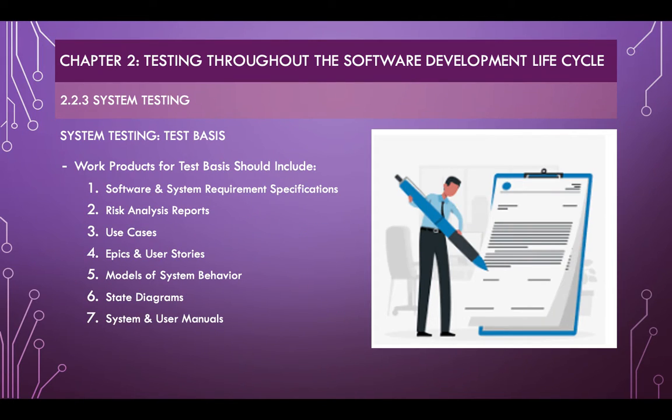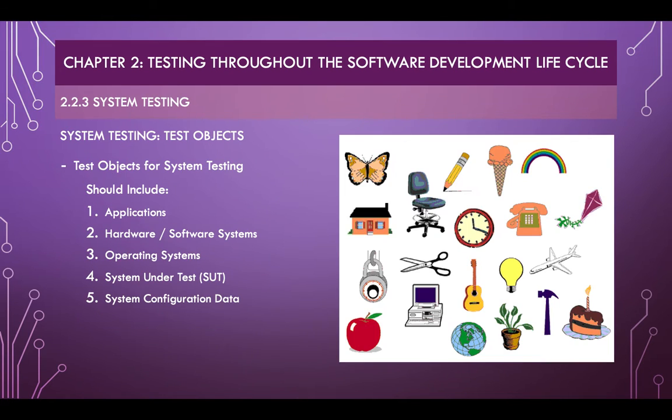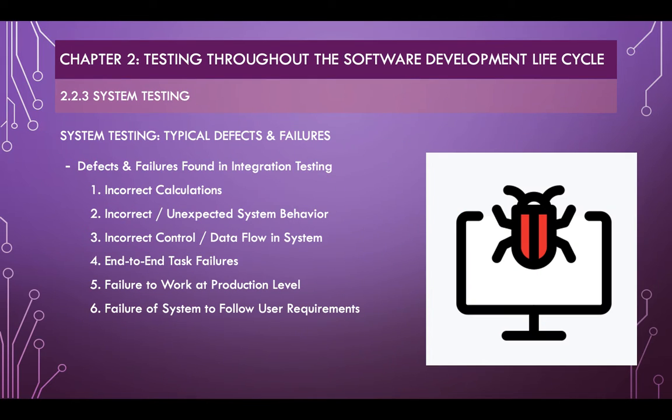Work products for the test basis should include software and system requirement specifications, risk analysis reports, use cases, epics and user stories, models of system behavior, state diagrams, system and user manuals. Test objects for system testing should include applications, hardware, software systems, operating systems, systems under test, which is SUT, and system configuration data.